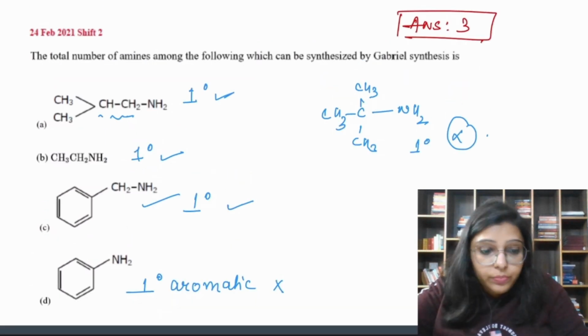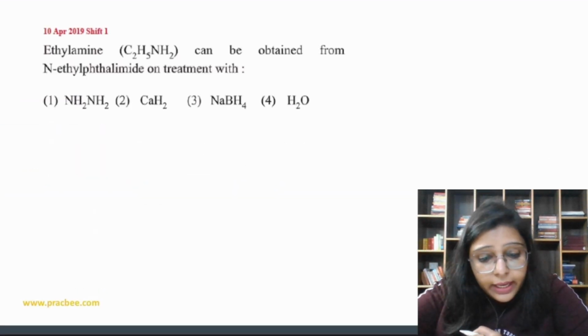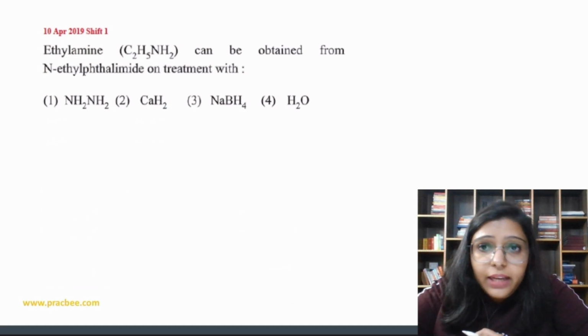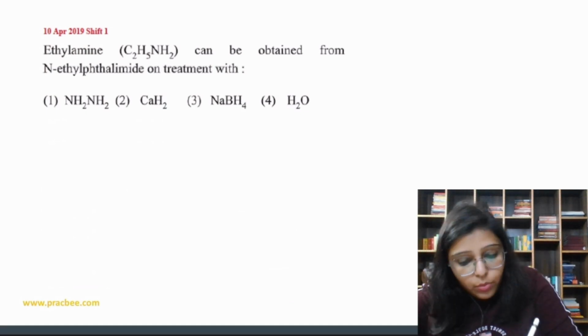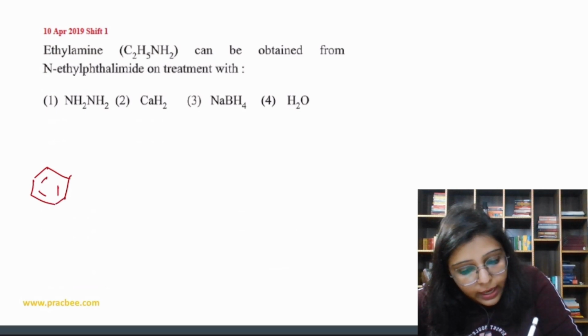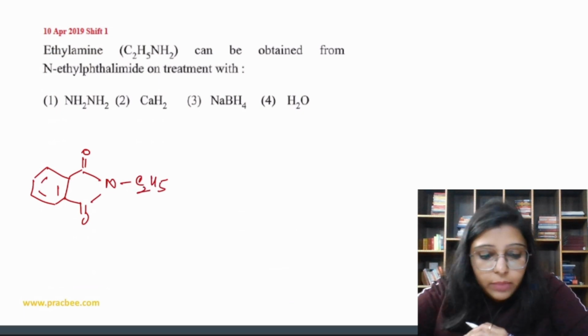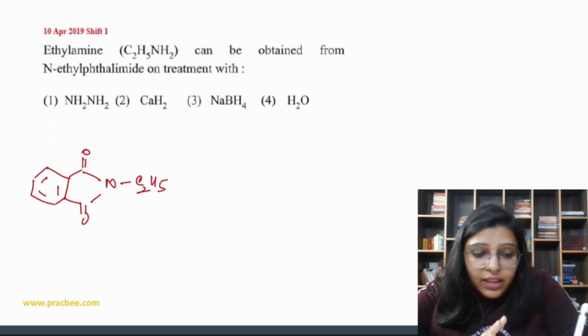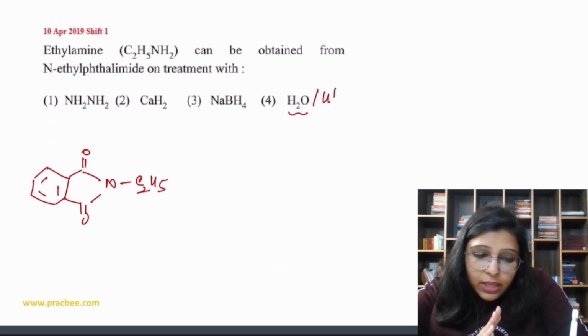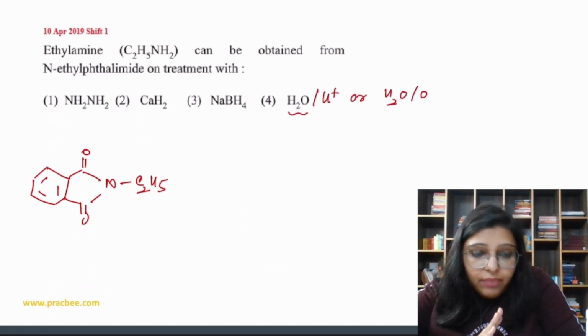Now next question. Ethylamine can be obtained from N-ethylphthalimide on treatment with. What is N-ethylphthalimide? N-ethylphthalimide is this, with C2H5. On treatment with H2O/H plus or H2O/OH minus, we can use it.